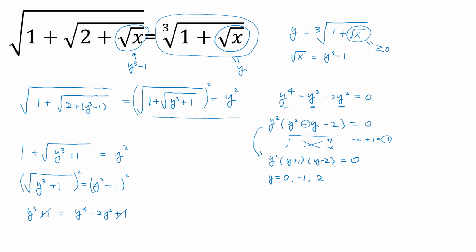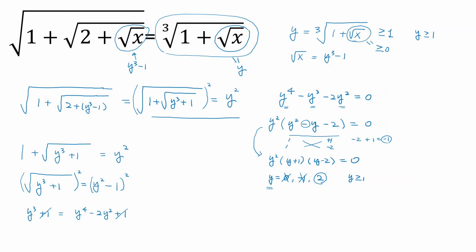Since we have 1 in front of square root of x, the minimum of y will be 1 or greater than 1. y should be greater than or equal to 1. Applying this idea to the possible solutions, 0 cannot be the solution, and neither can negative 1. The only possible solution will be 2.